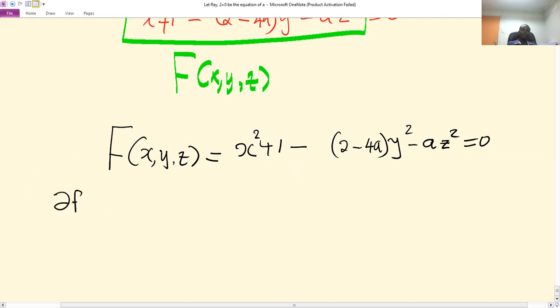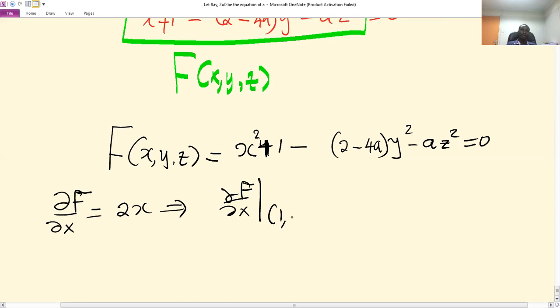So partial F, partial x, for this one we get, remember this plus sign, 2x, which means partial capital F, partial x at the point 1, minus 1, 2 is 2 times 1, which is 2.